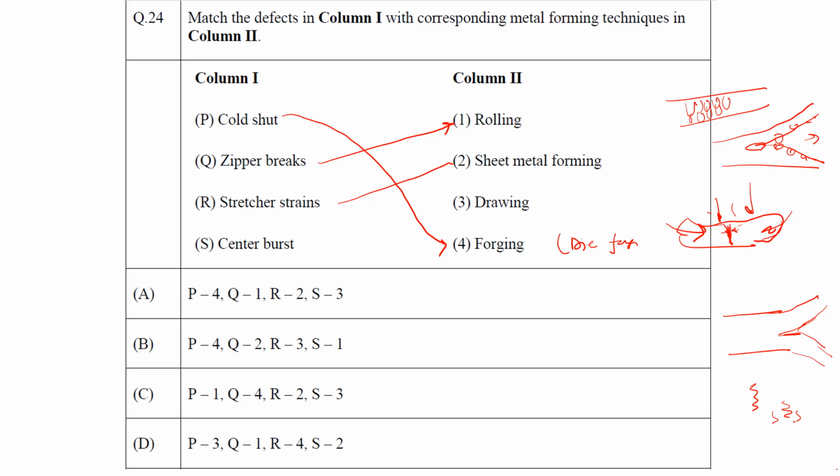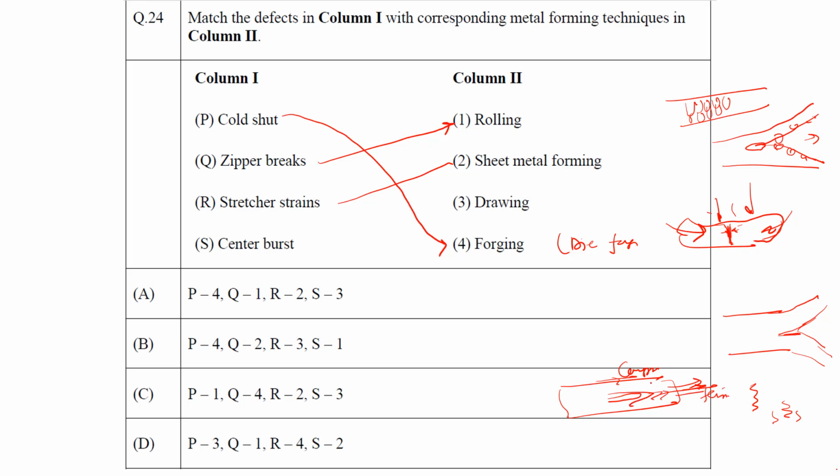Next is the center burst. Center burst means when you are drawing or doing some extrusion, what happens inside at the center is that on the outside we are applying the compressive force, and in the middle, since we are drawing, it is basically the tensile force.